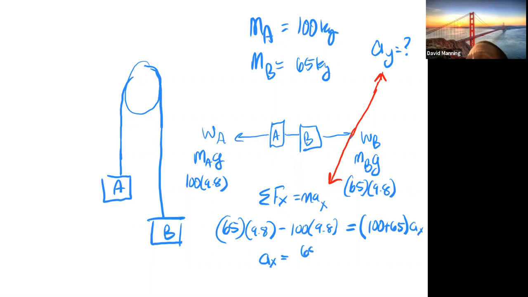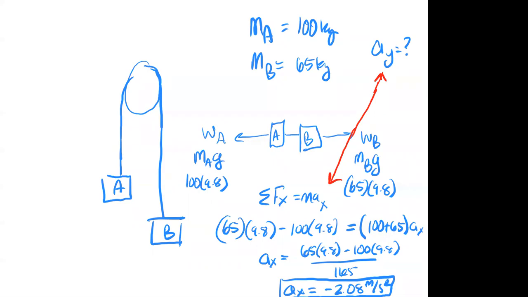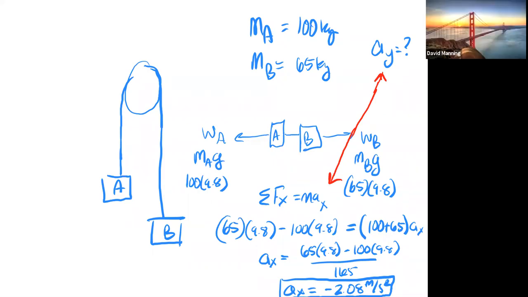So ax equals 65 times 9.8 minus 100 times 9.8 over 165. And that's how you review. Anybody have any questions on that?